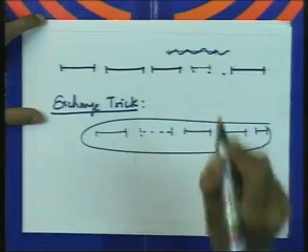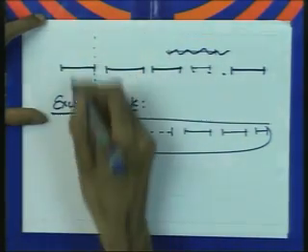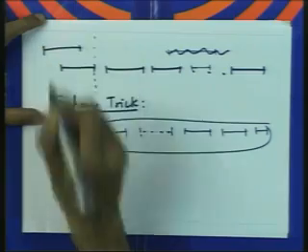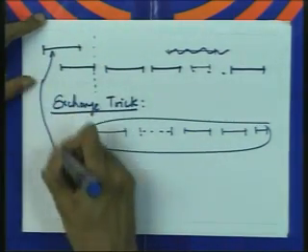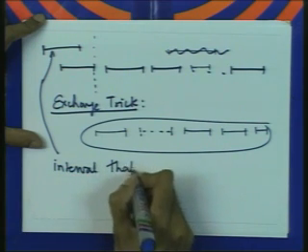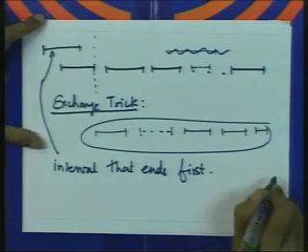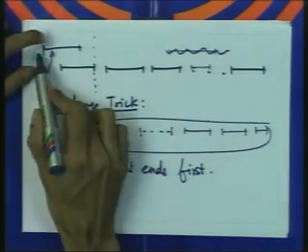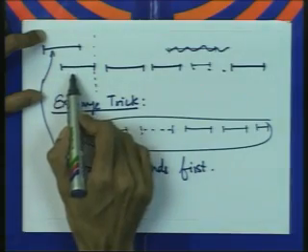Okay, so let's see what this means. So what do I know about the interval that ends first? It has to end before this, right? So the interval ends somewhere here. This is the interval that ends first. Now, you notice that I can add this and I will remove at most one interval, that is the first interval.